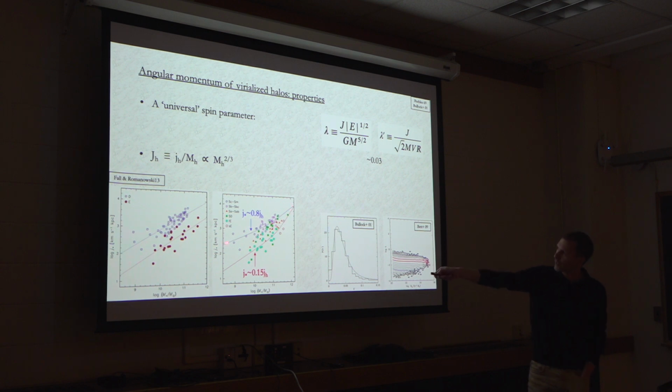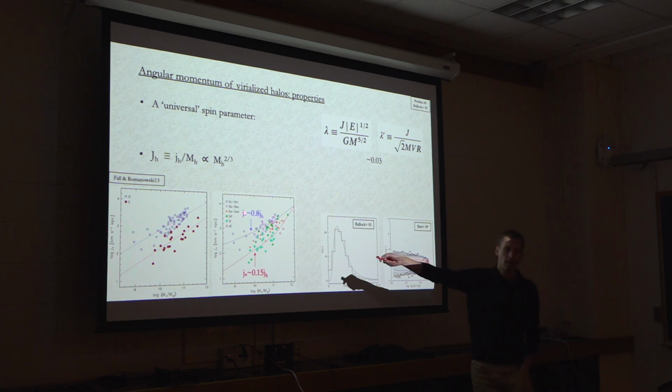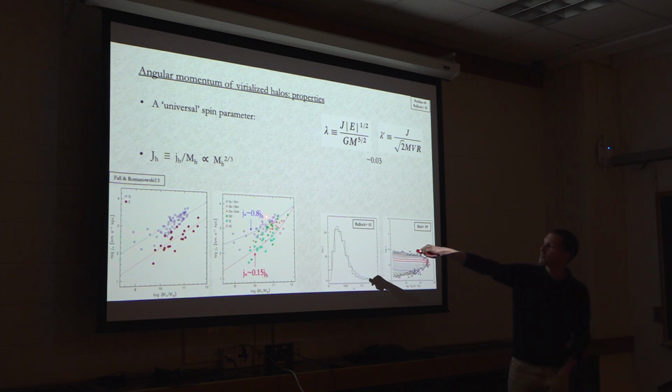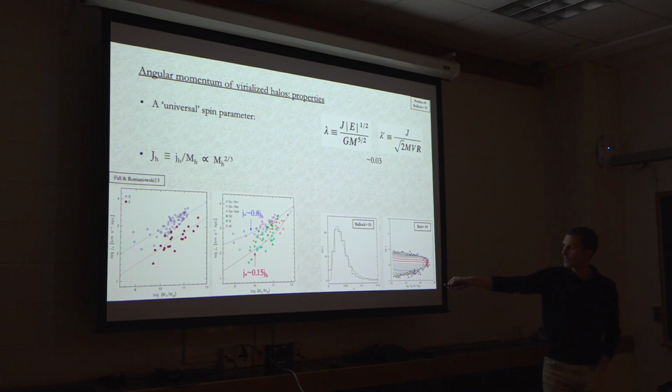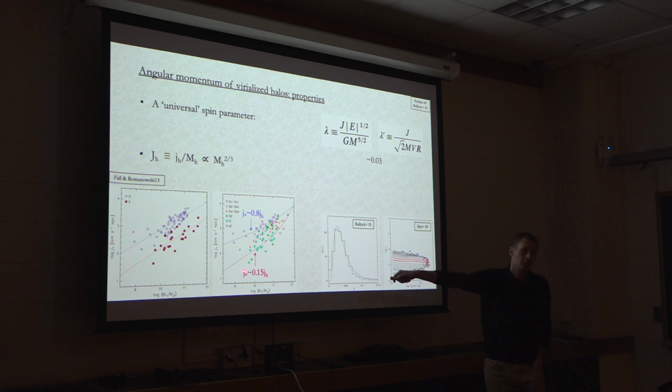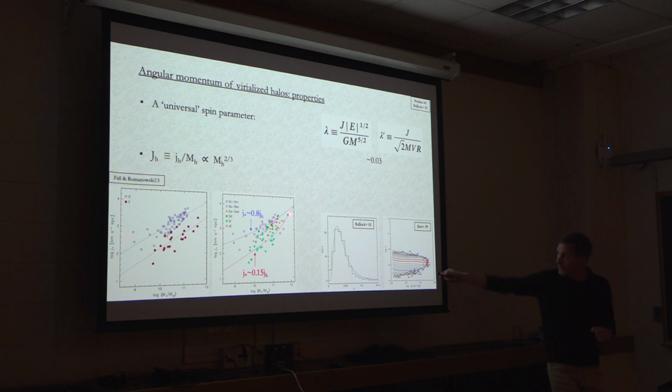And this blue line that goes roughly through disk galaxies tells you that the specific angular momentum of the stars is almost equal to the specific angular momentum of the halo, while this red line shows a significant loss of angular momentum. Elliptical galaxies have specific angular momentum that is 7 times lower than what their halos are expected to have.